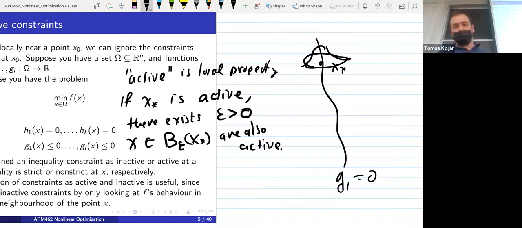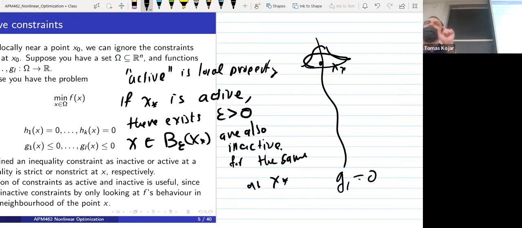I shouldn't say it like this. This is confusing. Let me say it this way: they are also inactive for the same as X star. I just changed the wording a little bit, because you can see it from here.